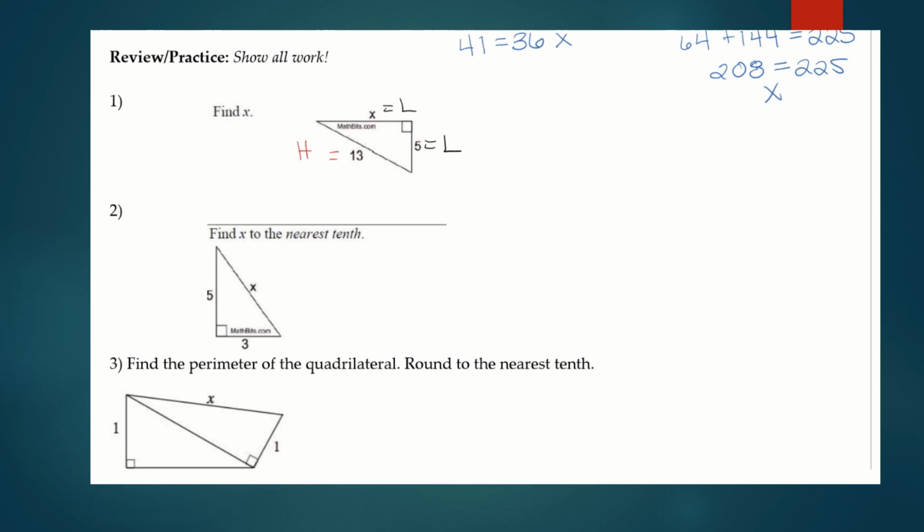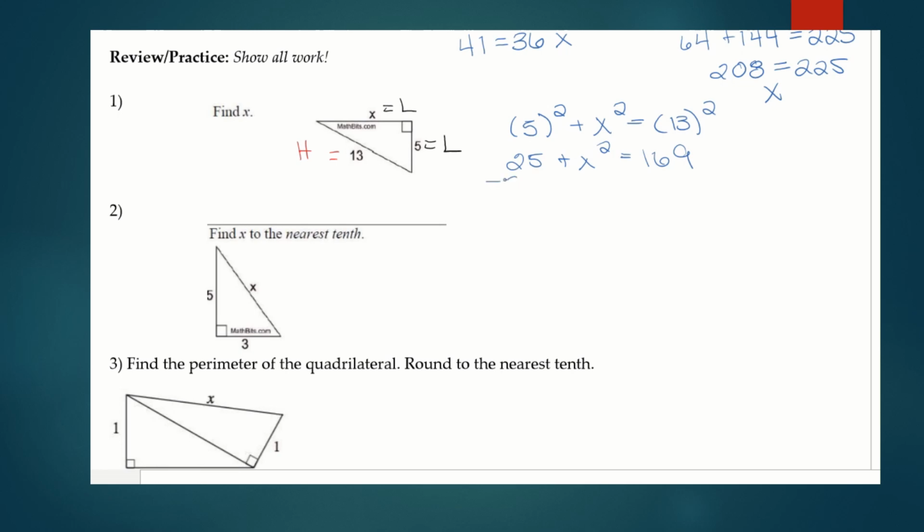Okay. So plugging into the Pythagorean theorem, 5 squared plus x squared gives me 13 squared. 5 times 5 is 25 plus x squared equals 13 times 13, which is 169.